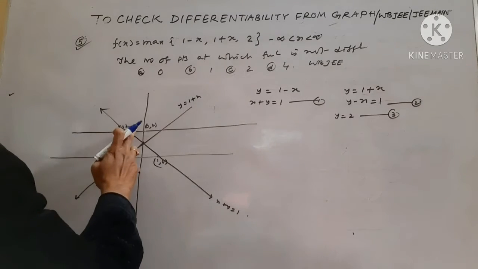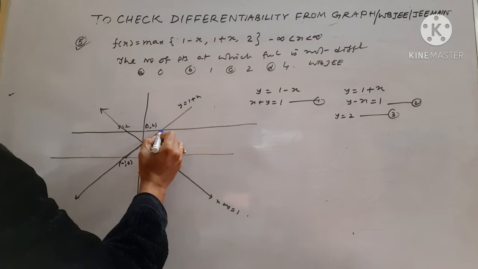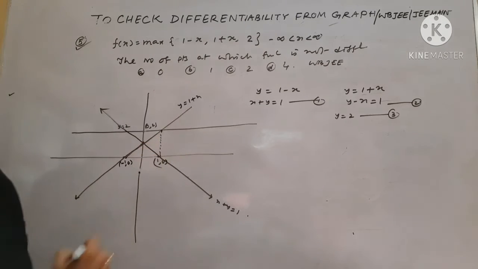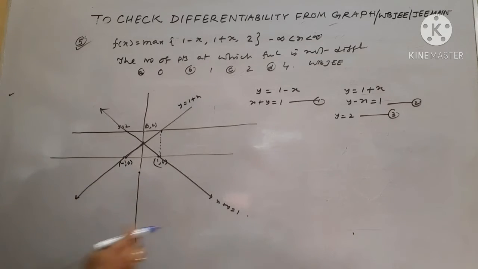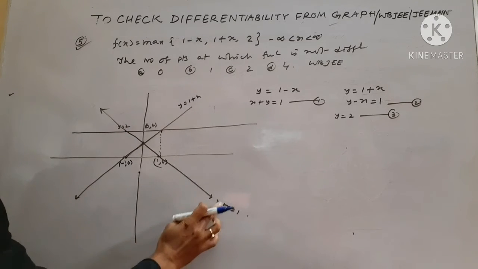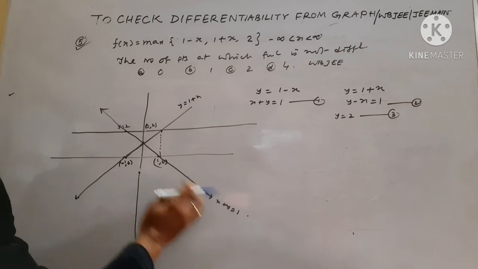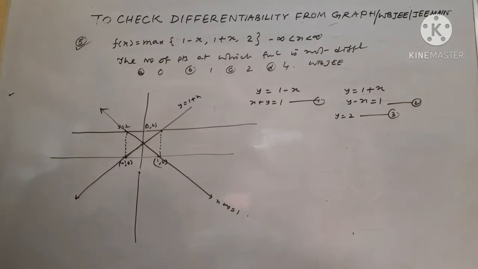Now this is y equals to 2, so x equals to 1. Y equals to 2, and this is x plus y equals to 1. So what is x? X is minus 1, so this is also minus 1.